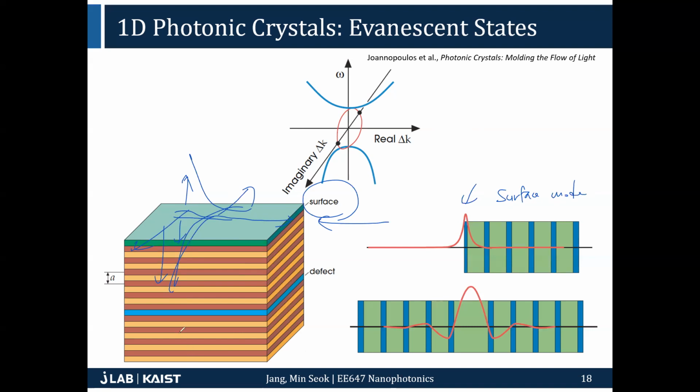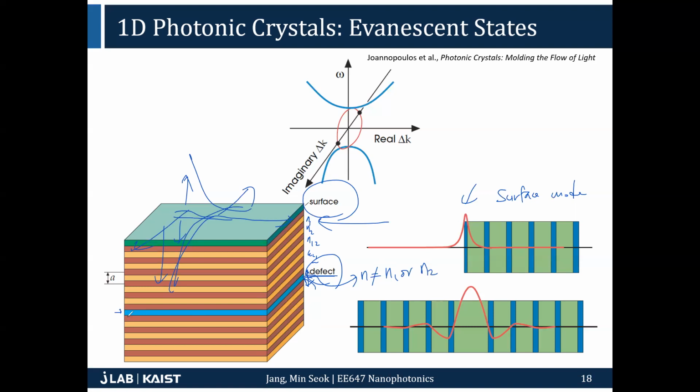So this is a surface mode. And also, if we have a defect in the lattice, like a crystal, so it's N1, N2, N1, N2 keeps going on, then what I mean by defect is that either N is different from N1 or N2, or maybe its thickness is different from the other crystal parts.